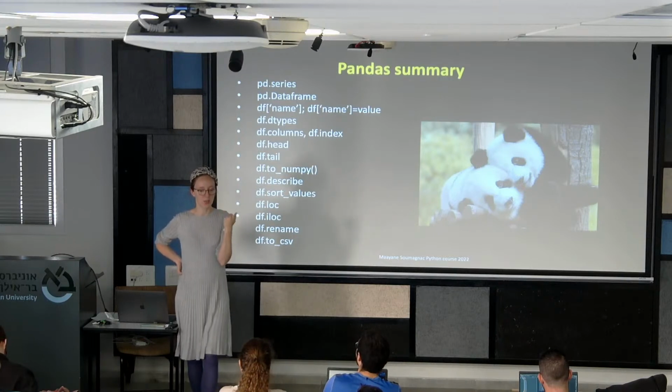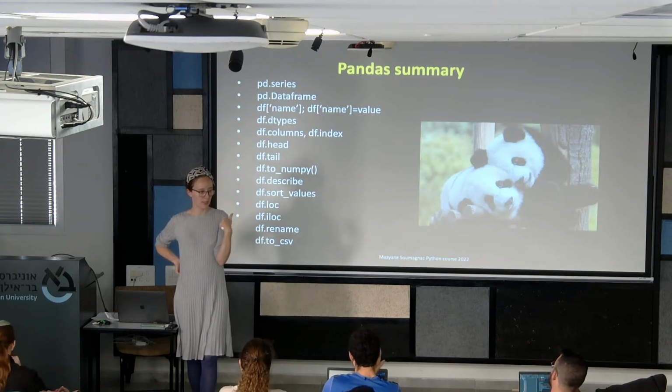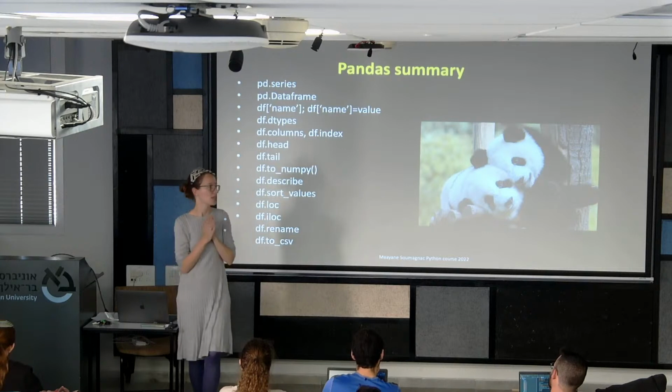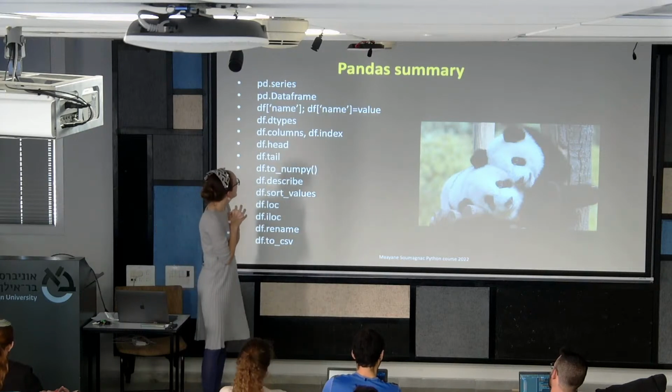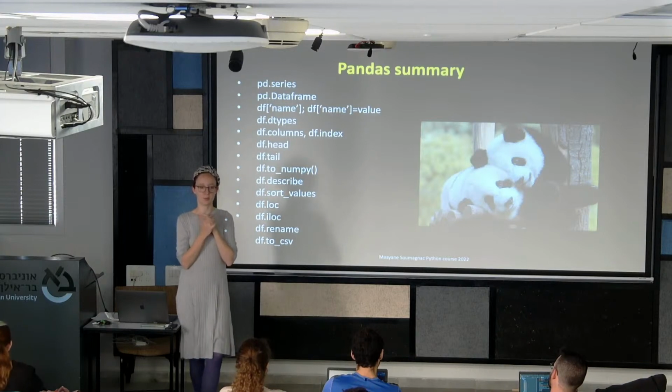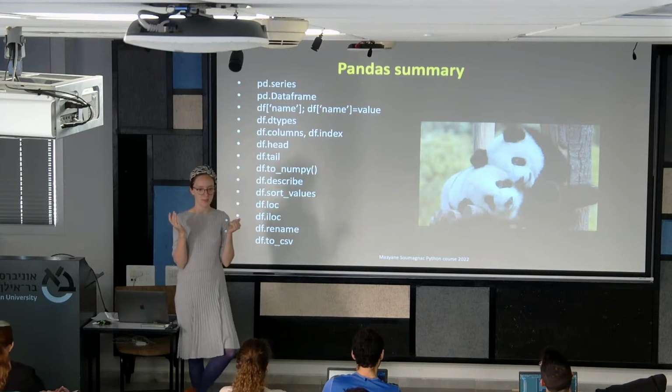One way was to define the data frame as a dictionary, remember, with the keys. The keys were the column names, okay? And another way was to define separately the column names and the data, and in this case we gave it the data as a NumPy array, right? So we saw 3 ways. We saw that pandas is really good at helping you with data with mixed types, right?